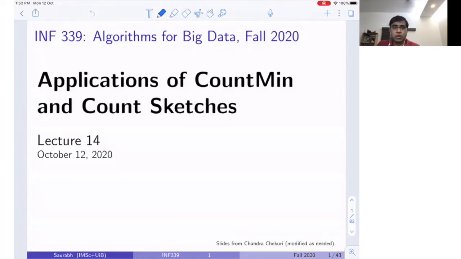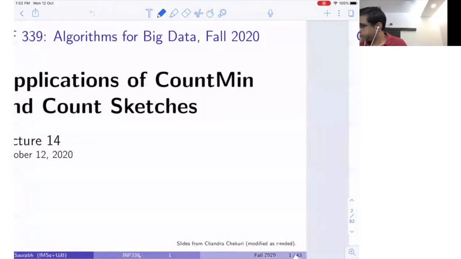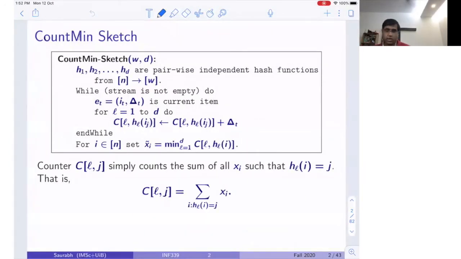If you recall, in count min sketch, we are given an n-dimensional vector x bar = (x1, x2, ..., xn) in R^n, and each coordinate is being incremented in the stream.